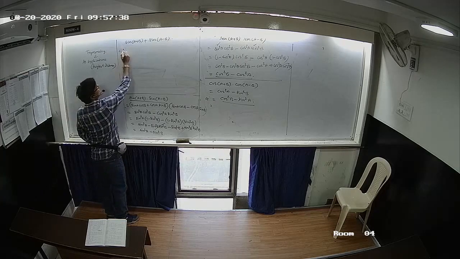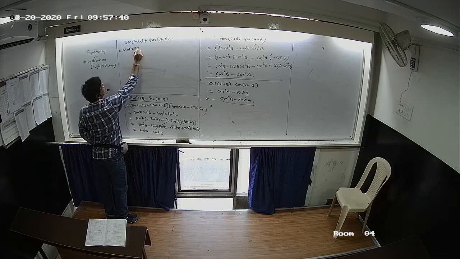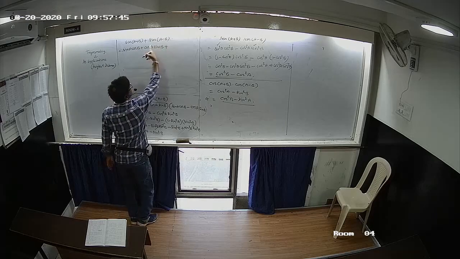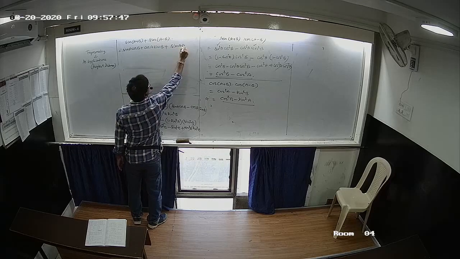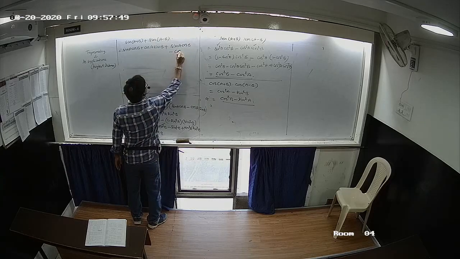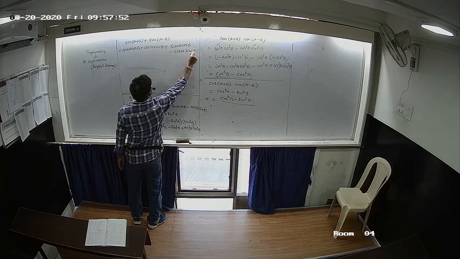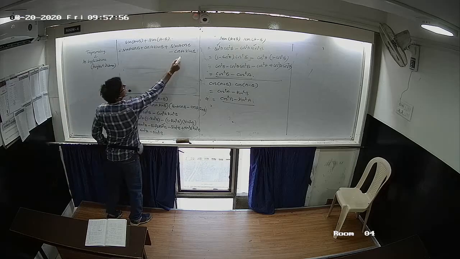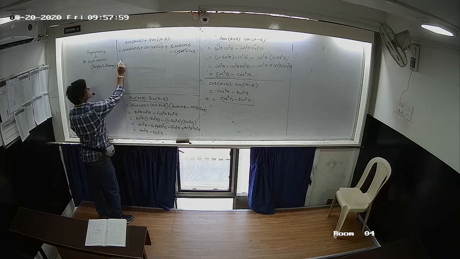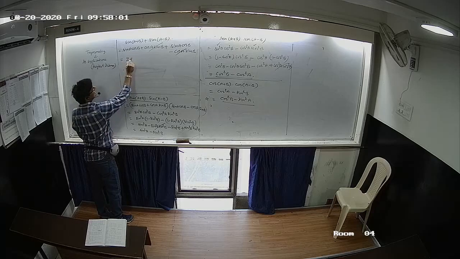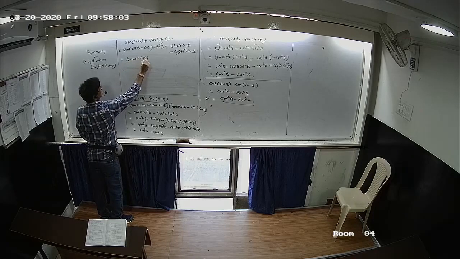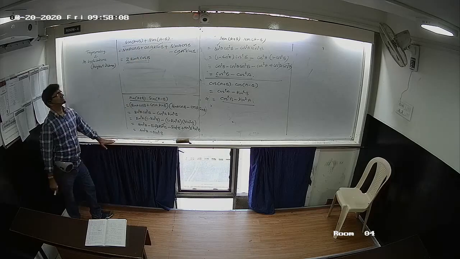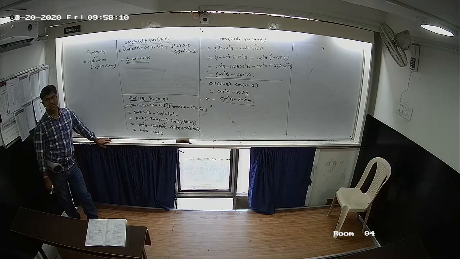So here again we get sin A cos B plus cos A sin B plus sin A cos B minus cos A sin B. So here this and this get cancelled, then we are left with 2 sin A cos B. Thus, the addition of these two results is 2 sin A cos B.